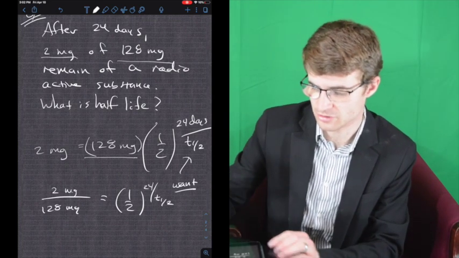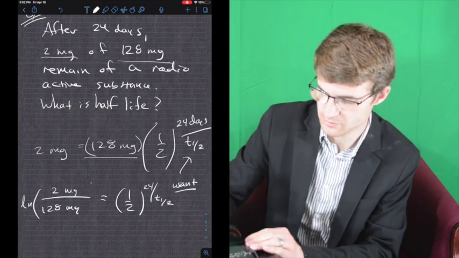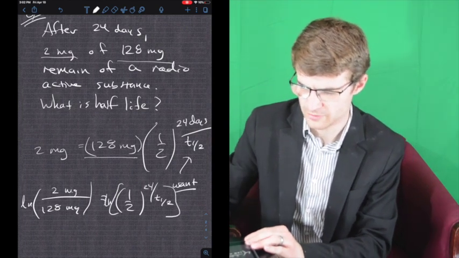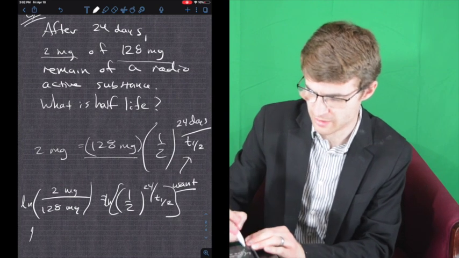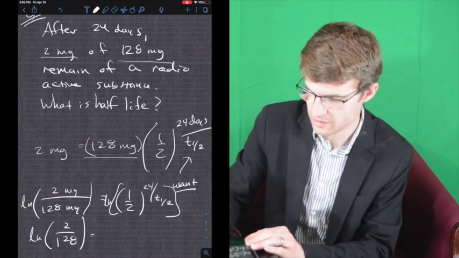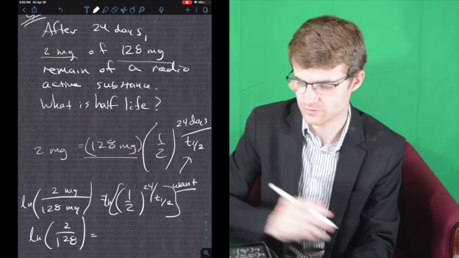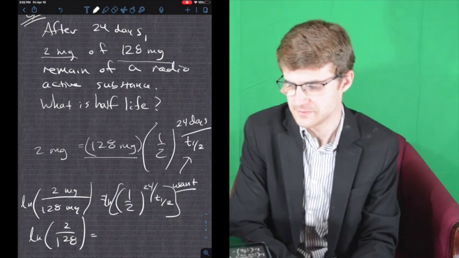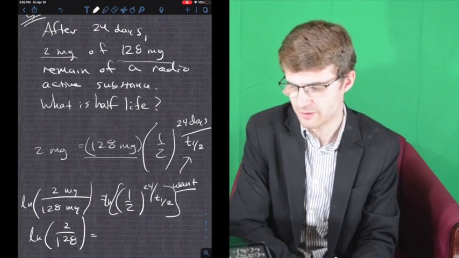And so I'm going to take the natural log of both sides. So here we go. There's the natural log. And so what I have is the natural log of 2 divided by 128 is equal to the natural log of 1/2 raised to the 24 divided by the half-life.